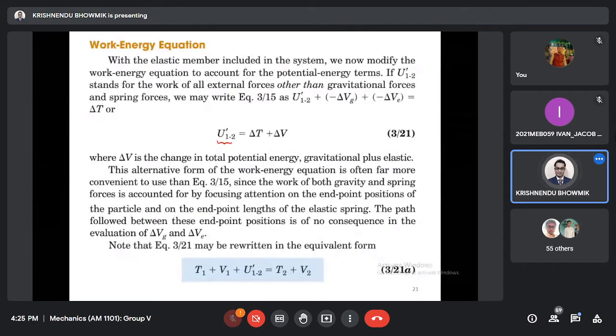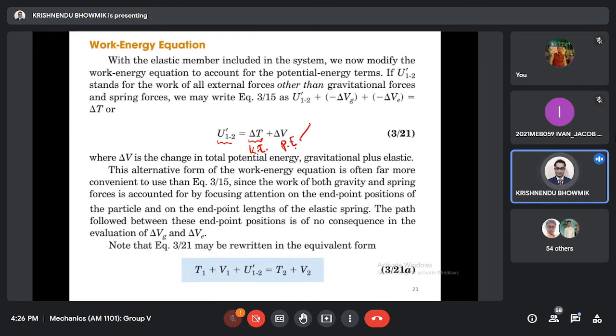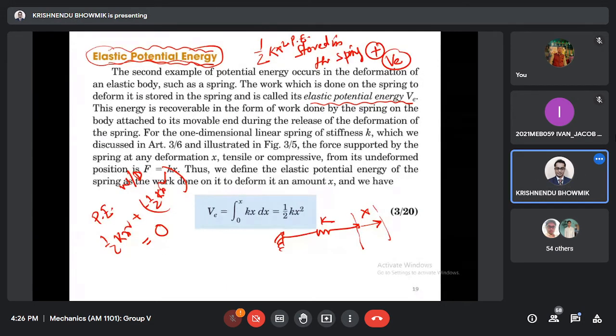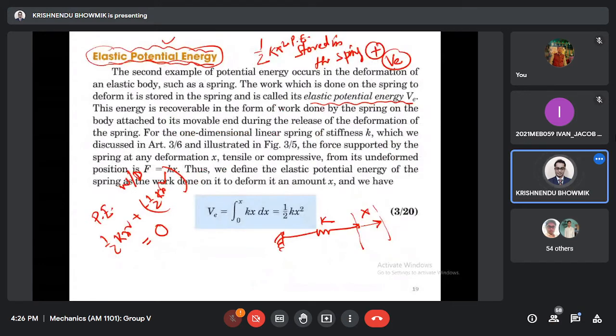Now the work done equation. This is work done. T was kinetic energy, and this is potential energy. Potential energy has two parts: one is gravitational, the other is elastic potential energy.